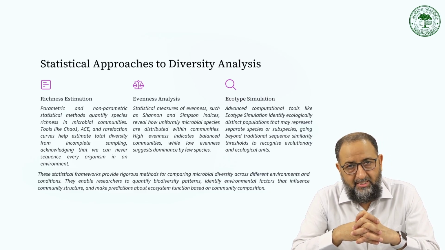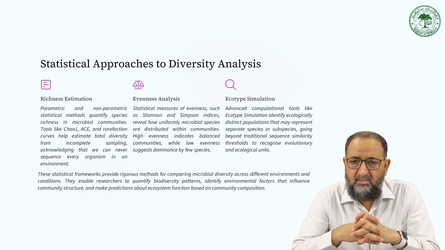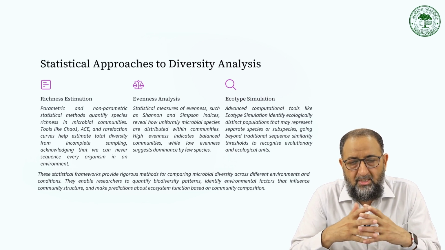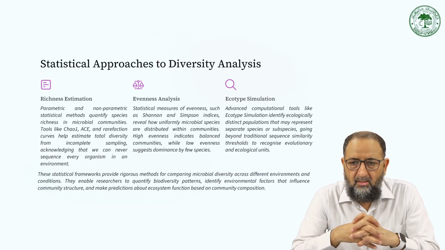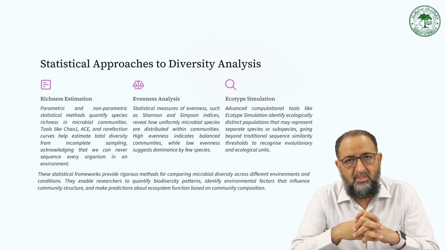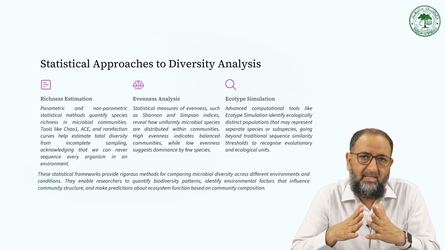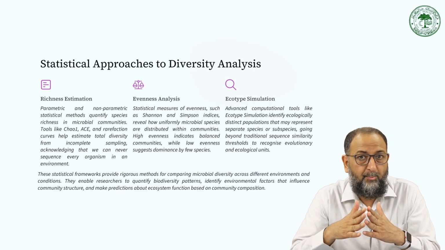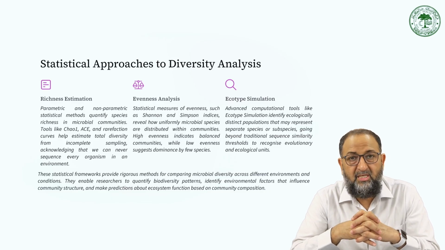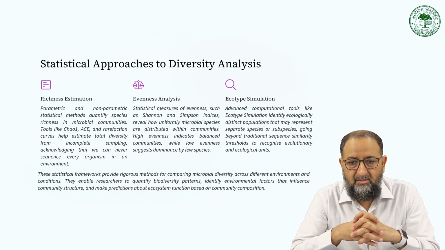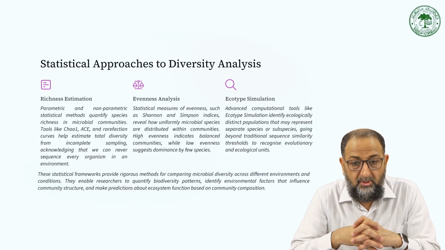Ecotype simulation is an advanced computational tool which can help you understand and simulate ecologically distinct populations of microorganisms which represent separate species and subspecies. So you can also categorize at the species level and beyond the species level, with similarity thresholds to recognize evolutionary and ecological units.